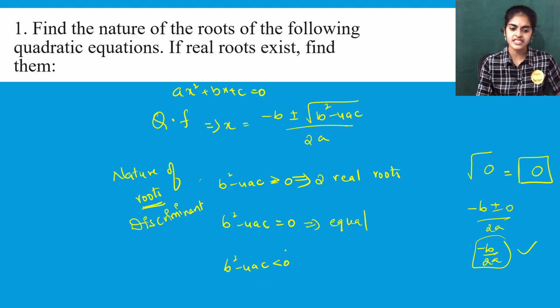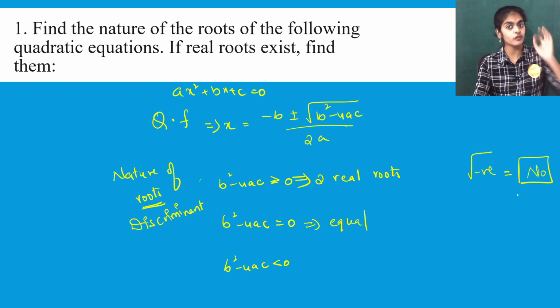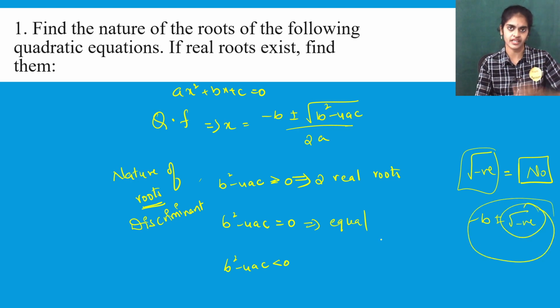Now what happens if the discriminant is less than 0? If you have a negative value under the root, can you find the square root of a negative value? No. There is no real number you can find. So minus b plus or minus root of this value is not defined, and the entire value is not defined.